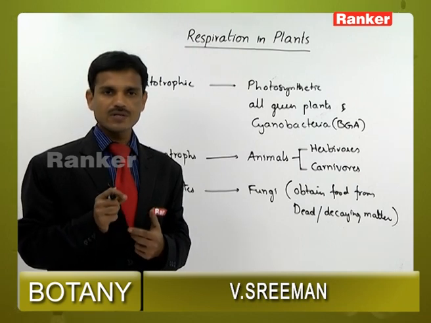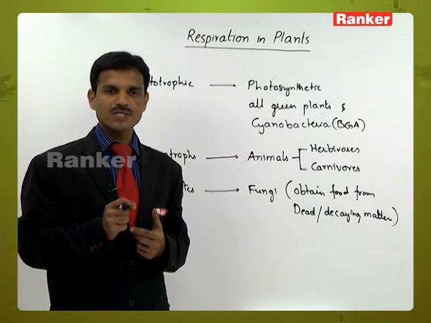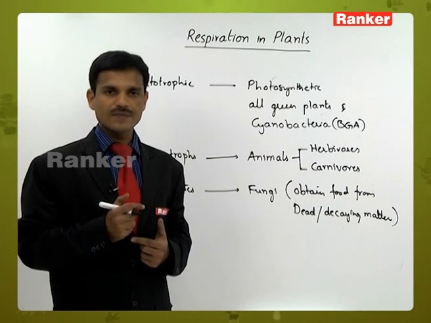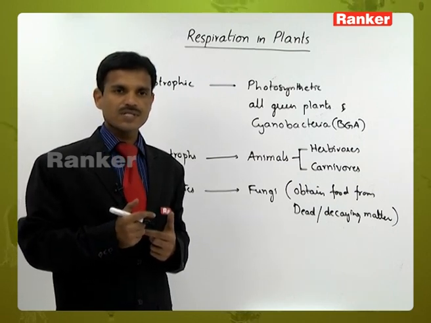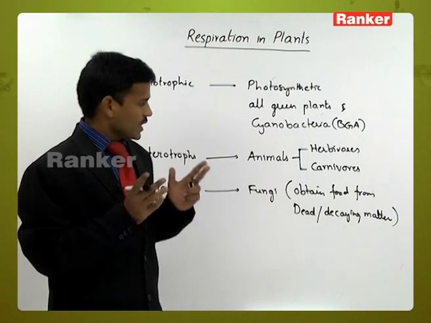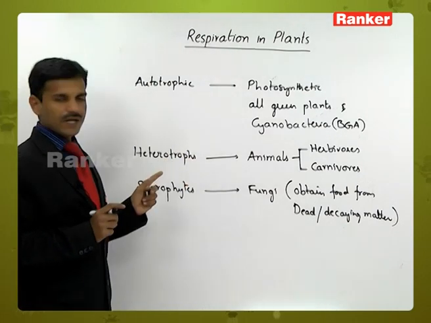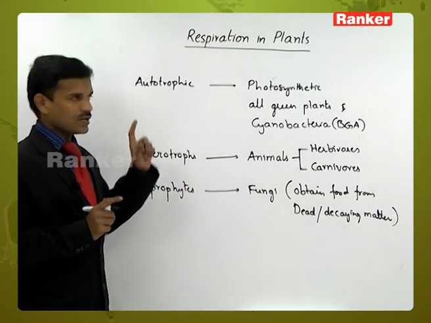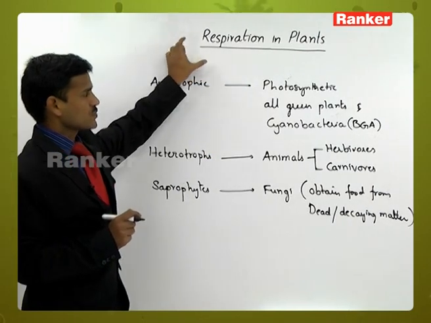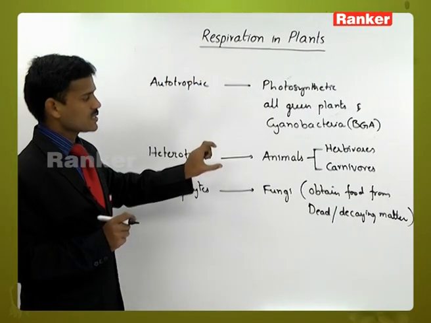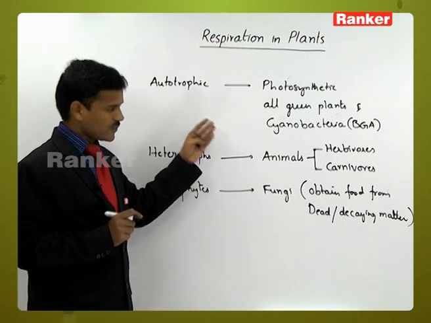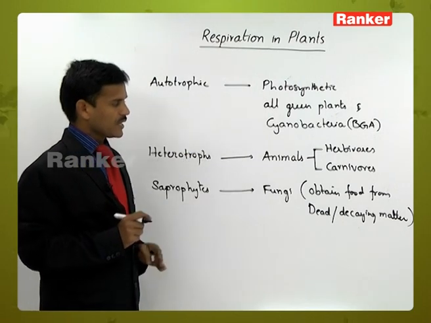It is respiration. In the respiration process the food materials are oxidized, and in this oxidation process energy is released. So there is a link between food material and energy. They are connected by respiration. In the respiration process, energy is released from the food material.